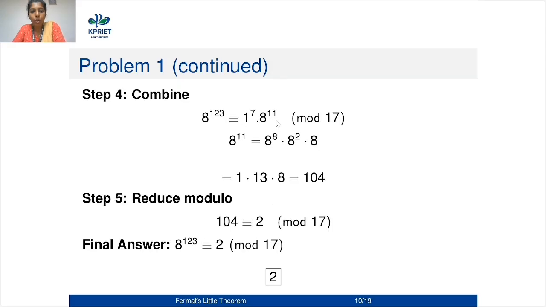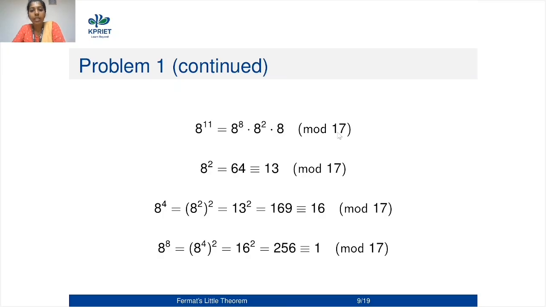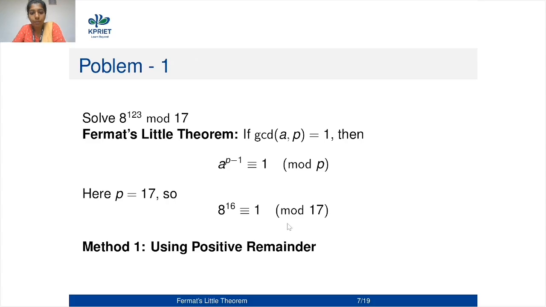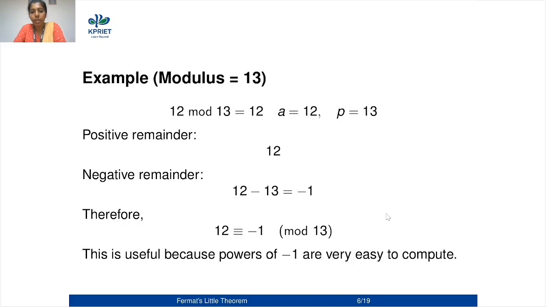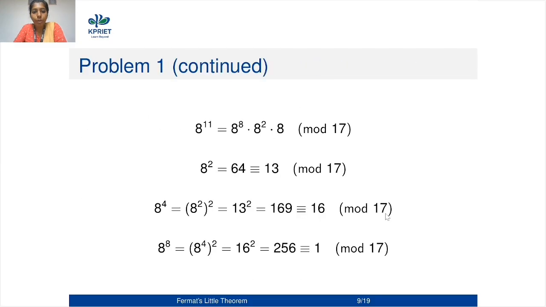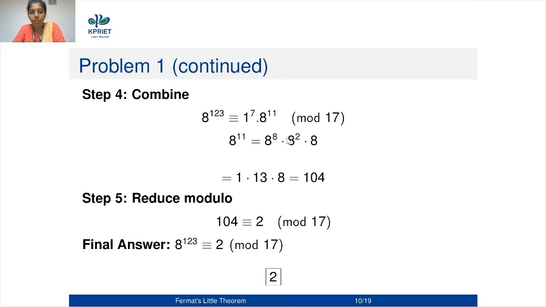And we all know this 8 is less than this prime number 17. So according to this formula, if a is less than p, and I am using the method of finding the positive remainder, I can take the remainder as the given integer a. So if I use that formula here, for 8 modulo 17, the remainder is 8. So substitute the values: 8^8 as 1, 8 square as 13, and for 8, the remainder is 8.